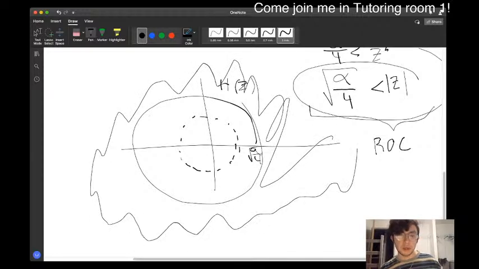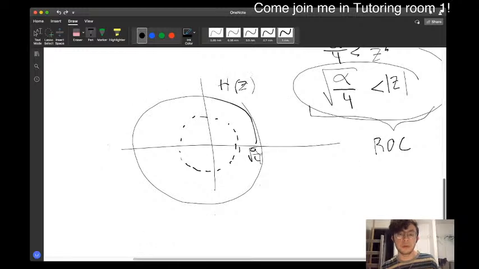Since it doesn't include the unit circle, this is our region of convergence that we defined here, and if it doesn't include our unit circle, then our Fourier transform won't converge. So if we have it way out here, we won't have a Fourier transform.